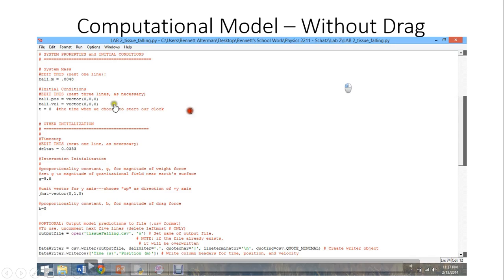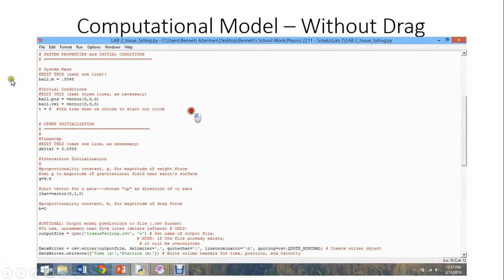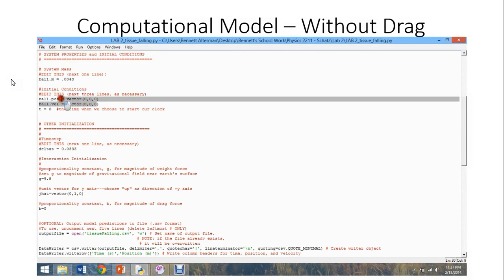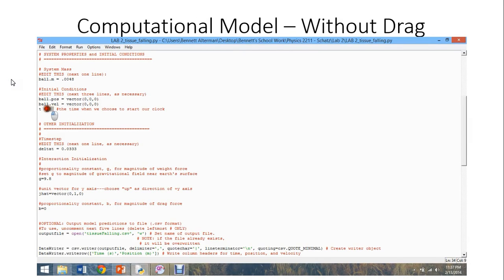Here we can see in the computational model without drag that I've given the ball a mass of 0.0048 kilograms, and both its initial position and velocity are the vector 0, 0, 0 at time 0. I also have a time step of delta t being 0.0333, which I've obtained from tracker.